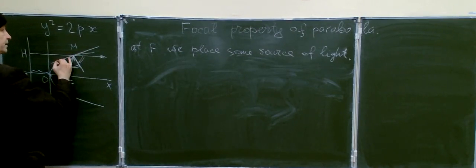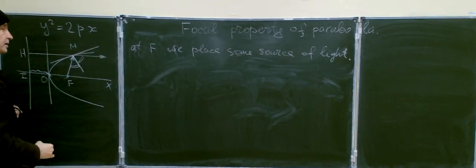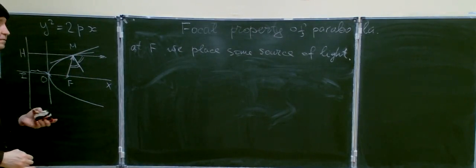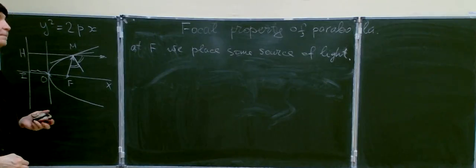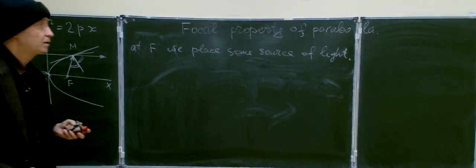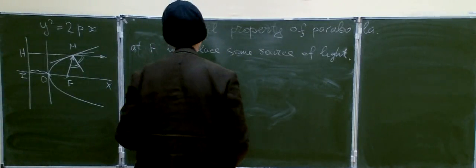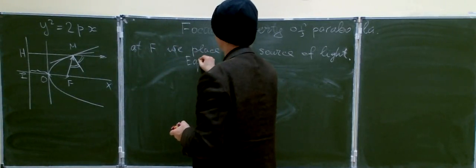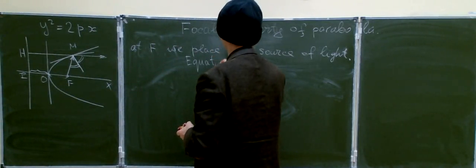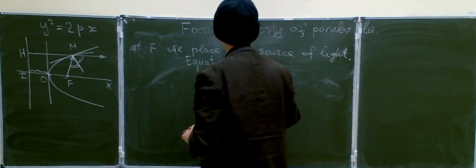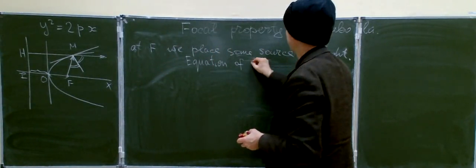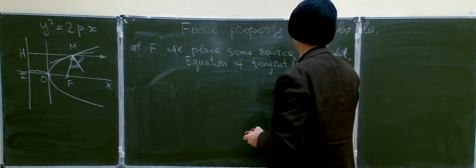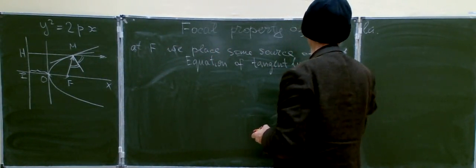The incident ray and the reflected ray form the same angle with the perpendicular to the tangent line to our parabola. Therefore, let's derive the equation of tangent line to parabola.